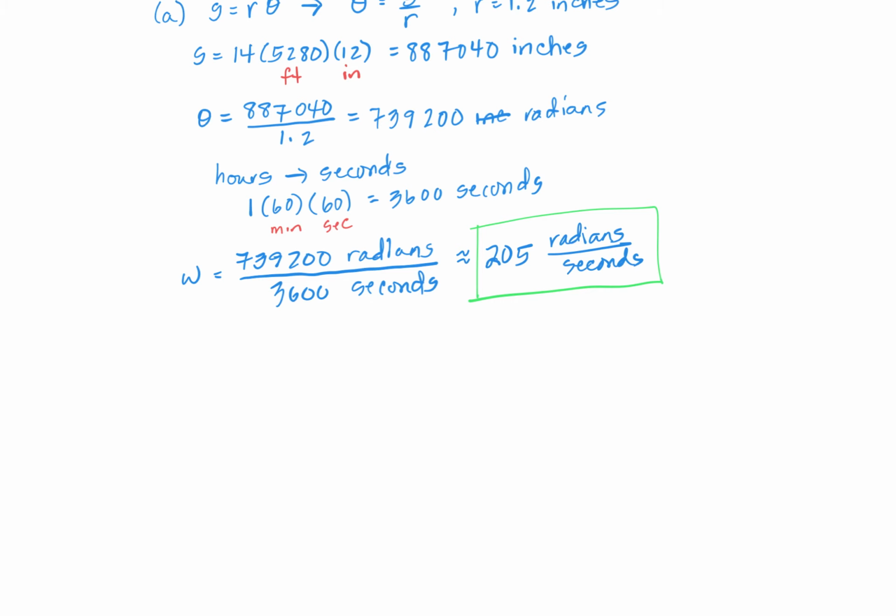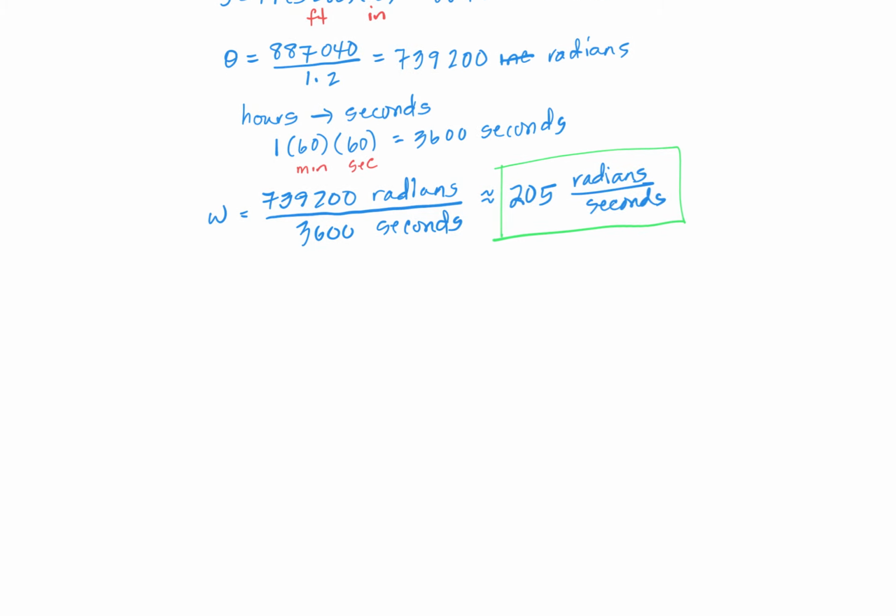However, part B is going to be easy because we have our angular speed, which means our linear speed, which is that letter v. And we can use the exact angular speed, which was that 739,200 radians over 3600 seconds, or you could use the approximation. And we're going to multiply this by our radius, which is 1.2 inches.